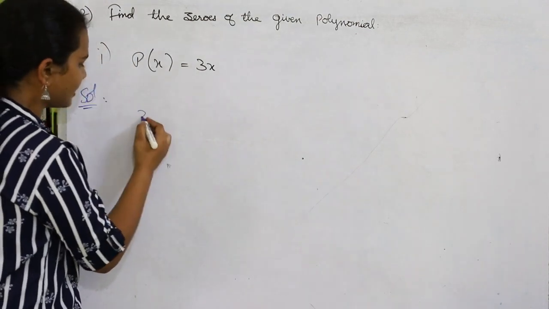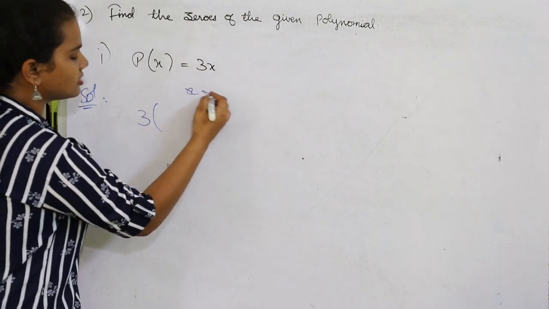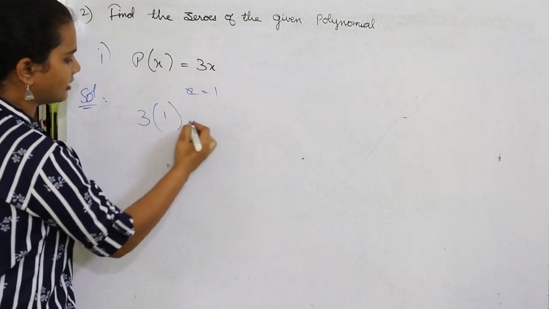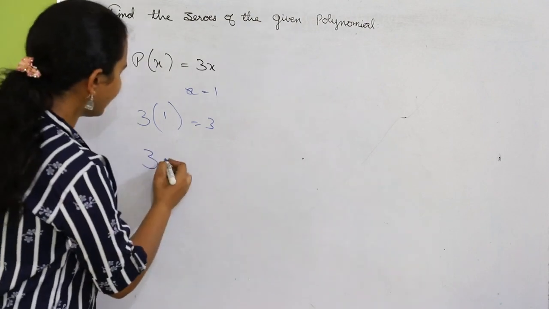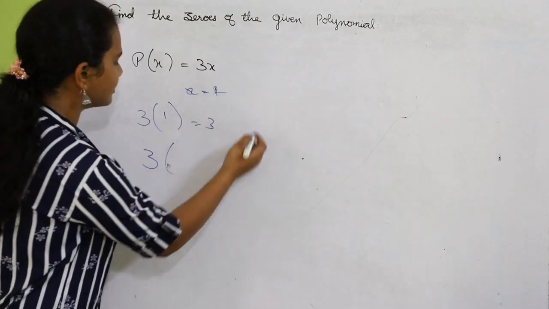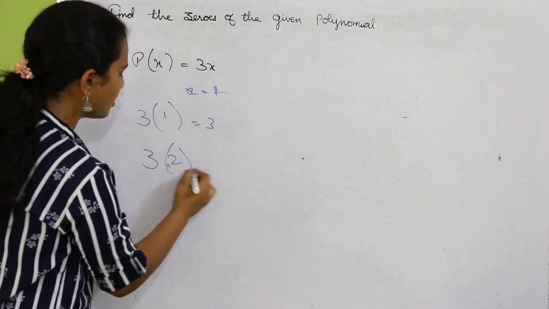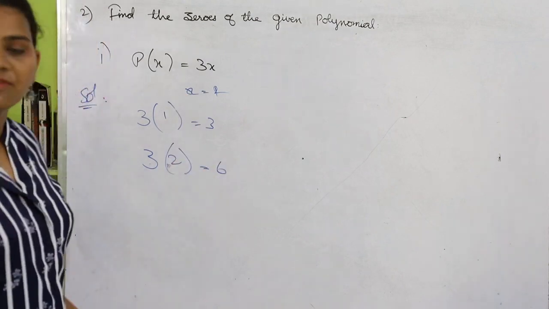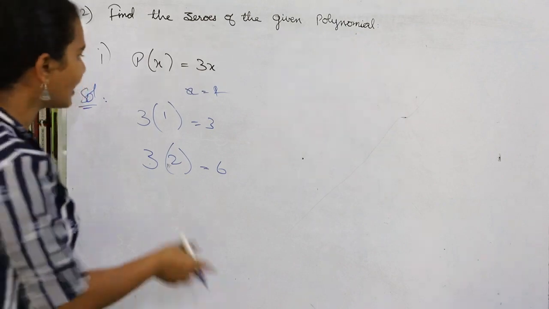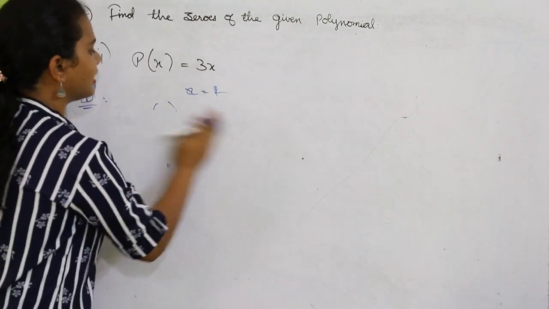For example, if x equals 1, if I place 1, then it is 3, right? If x equals 2, then 3 times 2 is 6. But what number should I place to get 0? Let me find out.